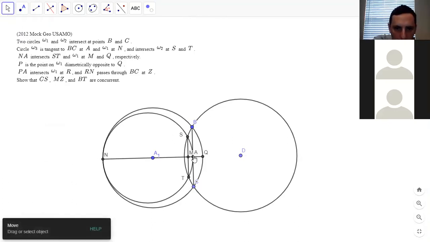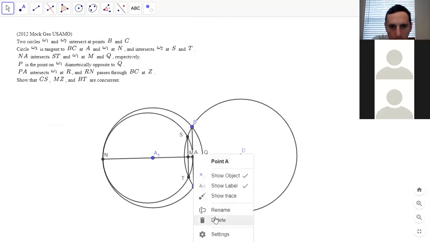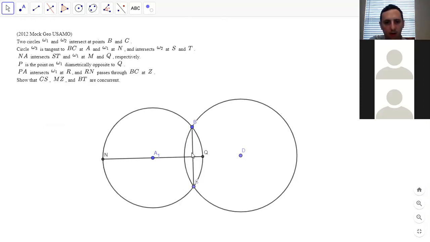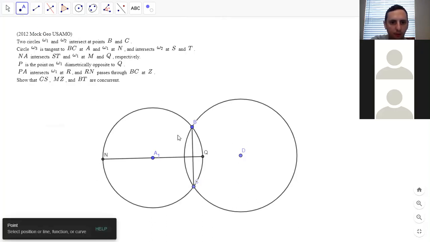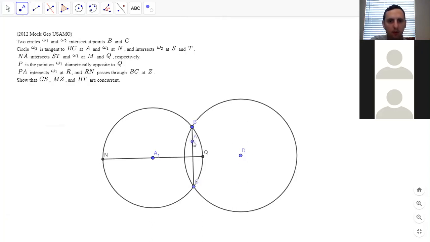Because it could be tangent at this point, for example. So what I think I would want to draw this diagram, I would want to invert a bunch of stuff. So, yeah, what if I try inversion?